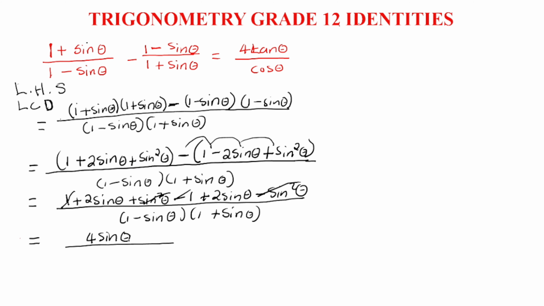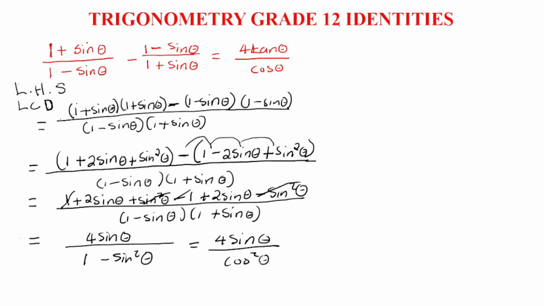Great. And then here at the bottom, we can multiply throughout. 1 times 1 is going to give us 1. If you look at this, guys, you'll see that this is just a difference between two squares. So you're going to have minus sine squared theta. Great stuff. And you know from identity that 1 minus sine squared theta is the same as cos squared theta. Therefore it's equal to 4 sine theta all over cos squared theta.